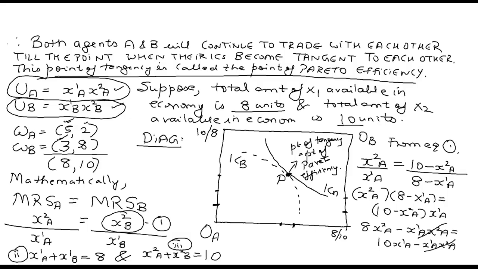This and this cancel, so we get 8 X2A is equal to 10 X1A, or X1A upon X2A is equal to 10 by 8, and X1A by X2A is also equal to X1B by X2B.